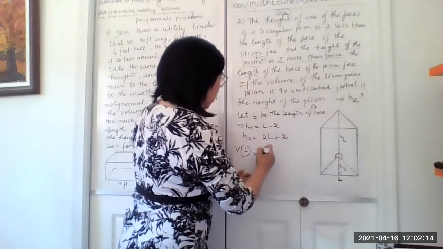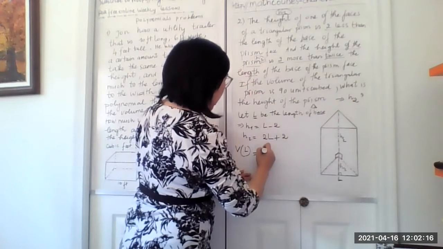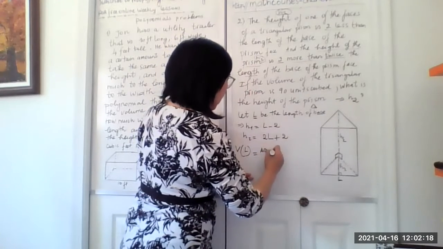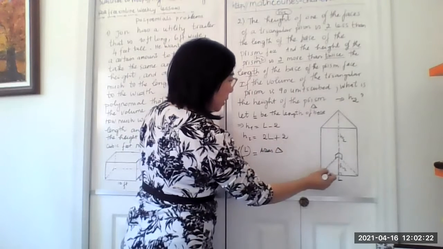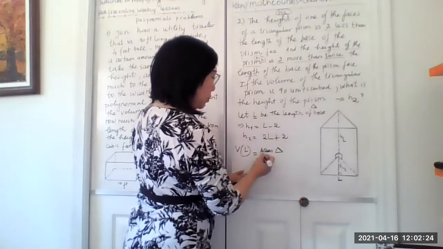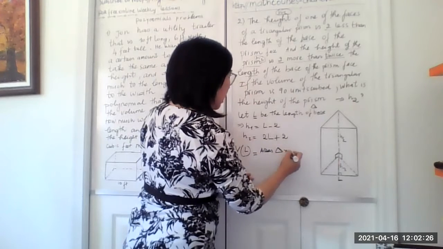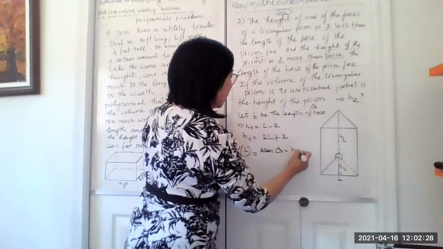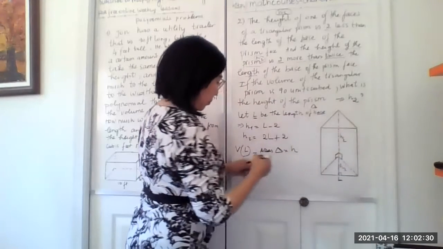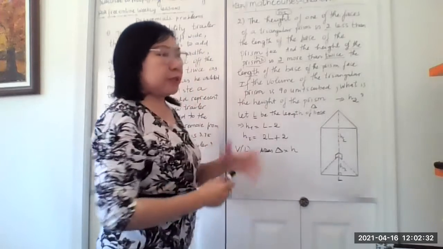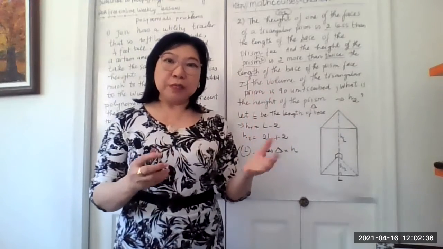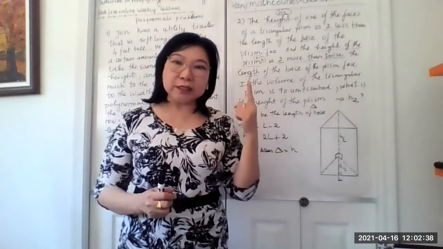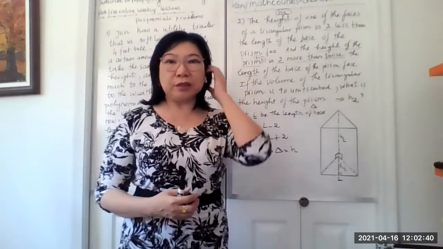So any volume will be equal to the area of the base, and it turned out our base here is a triangle. So area of triangle times the height of the prism. Because volume is 3 dimensions, we have an area of 2 dimensions multiplied with the height, and it becomes 3 dimensions.